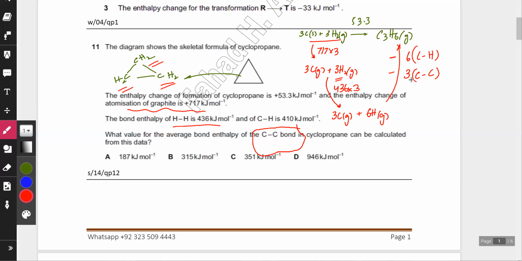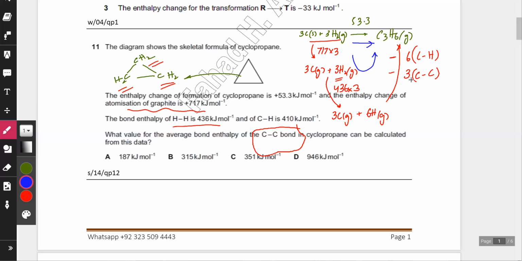Is it 313? We don't have 313 actually. One path should be created. This one path is going to be equal to the other path, right?